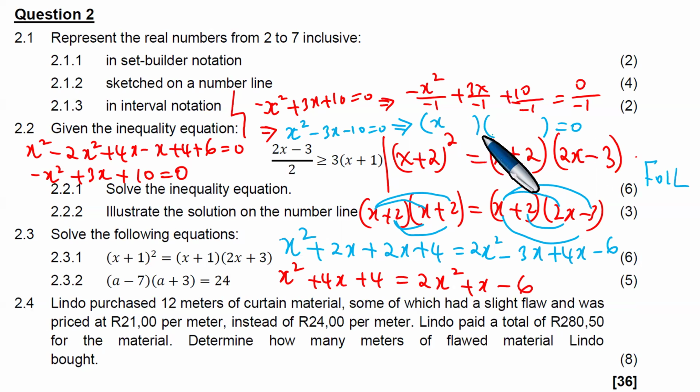What are the factors of negative 10 that give negative 3? There are two numbers whose product is minus 10 and whose sum is minus 3. What are those numbers?